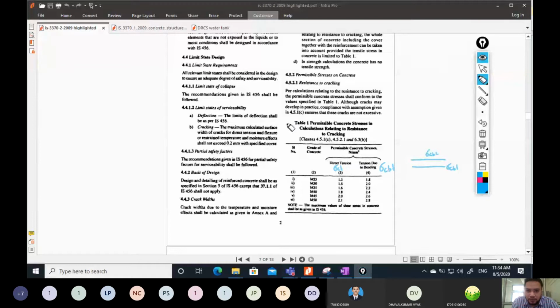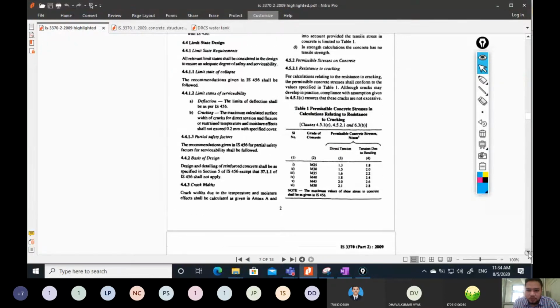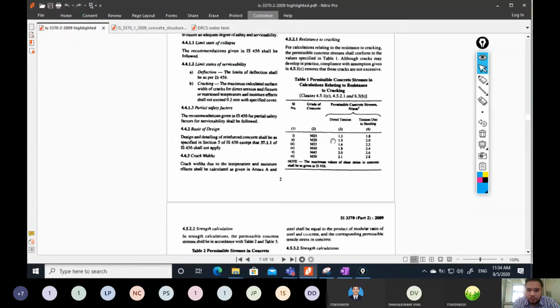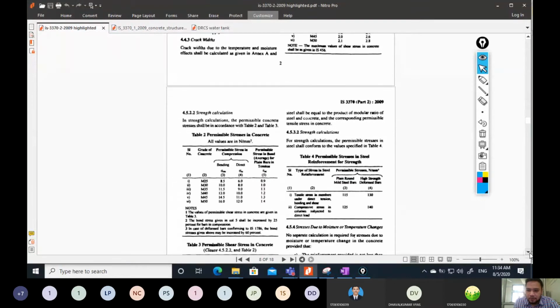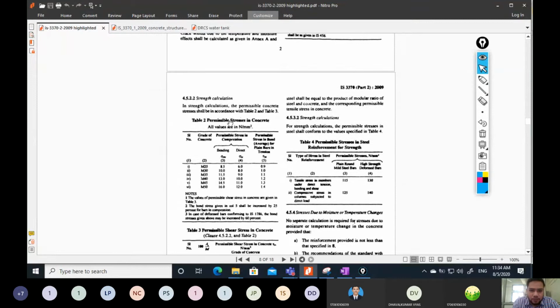So we'll be using this table 1, and for different grades of concrete, the permissible values are given here. Then table 2 is again permissible stress in concrete. Here the values for bending compression, that is sigma CBC, and direct compression are given.